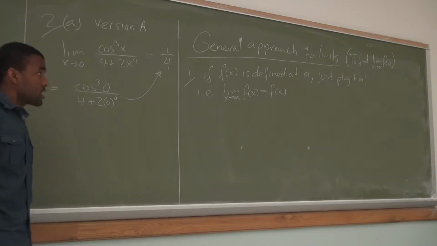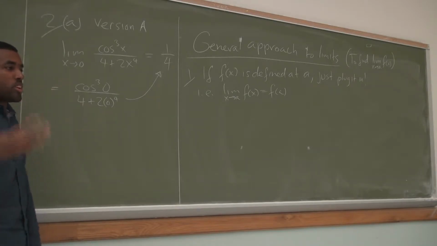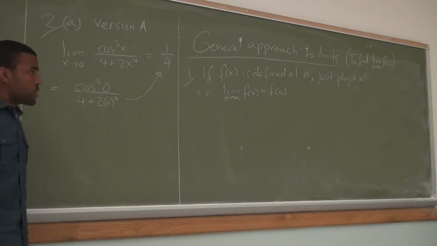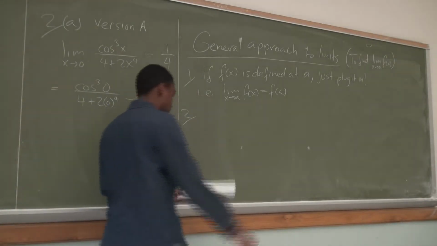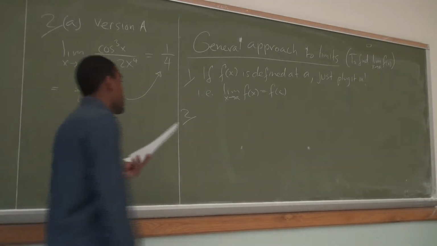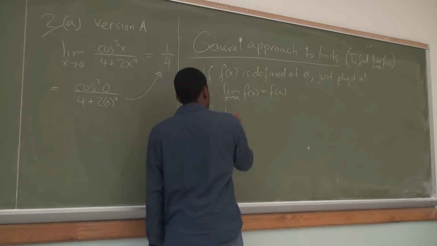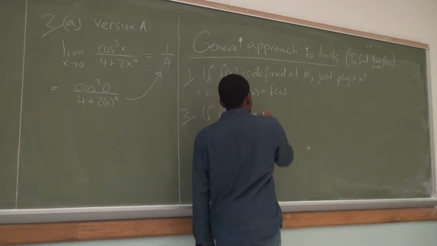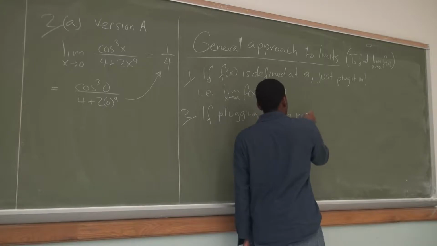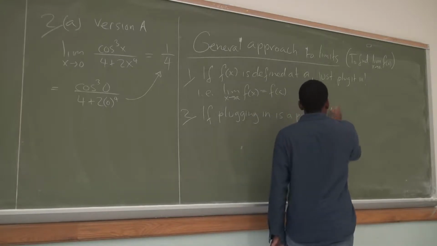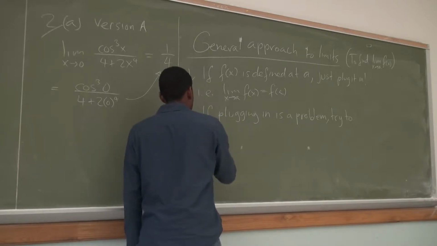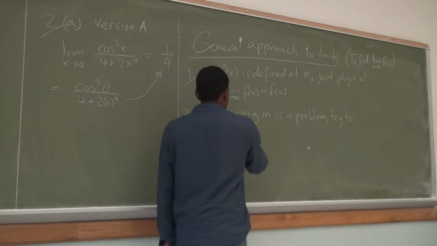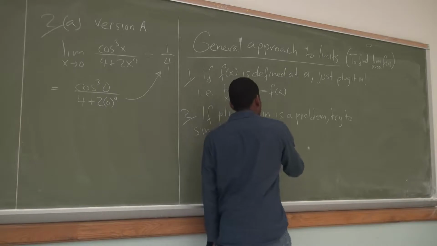It's the first thing you're going to look for. If I give you a random limit, the first thing you check is, can I plug in the number? And if you can, and there's no problem, you just plug it in. Of course, there are cases where you can't just plug in the number. So if plugging in is a problem, try to simplify to cancel the problem.